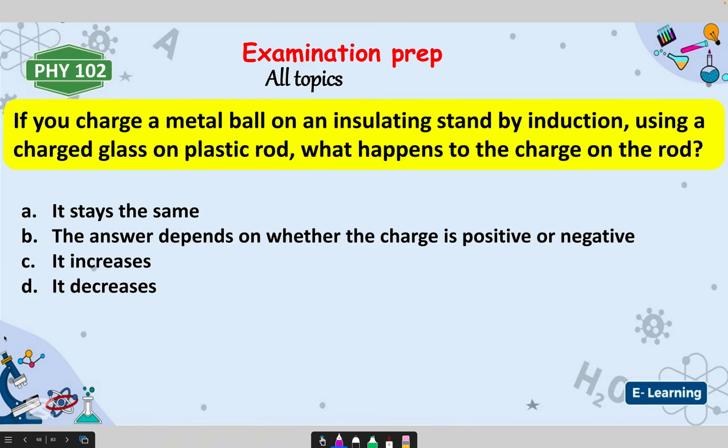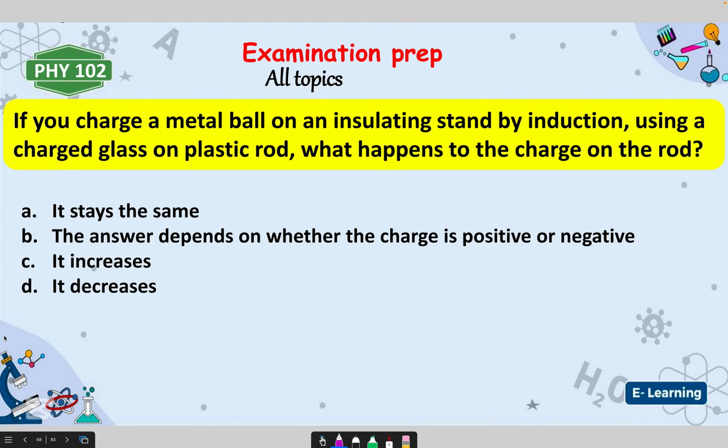Now, if you charge a metal ball on an insulating stand by induction using a charged glass or plastic rod, what happens to the charge on the rod?